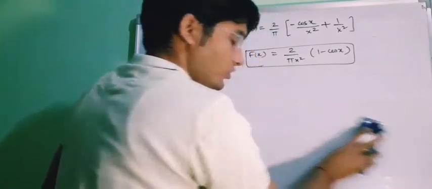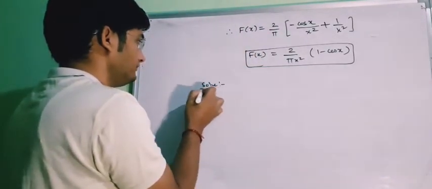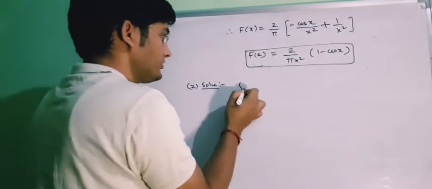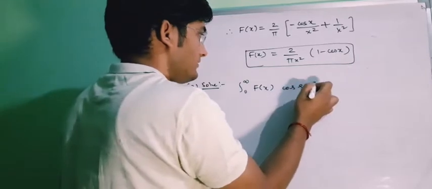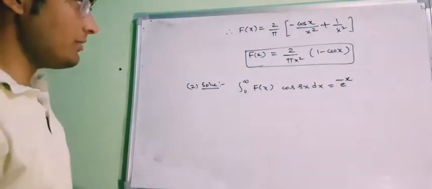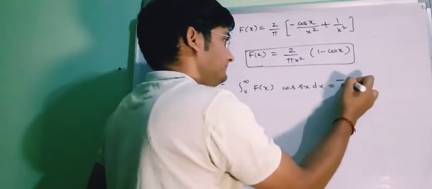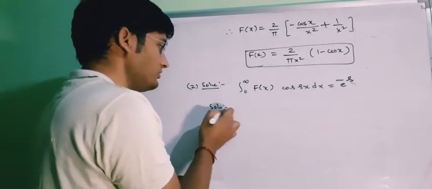Let us solve one more question. Solve the integral from 0 to infinity of f(x) cos sx dx equal to e to the power minus s. Again, this is the definition of your Fourier cosine transformation.